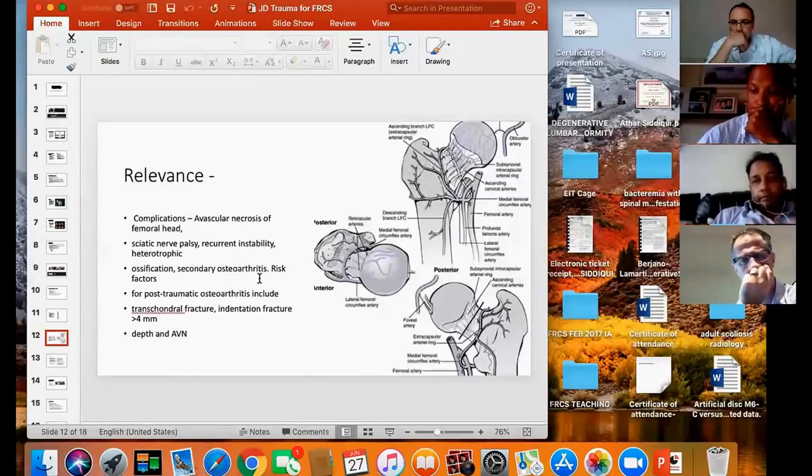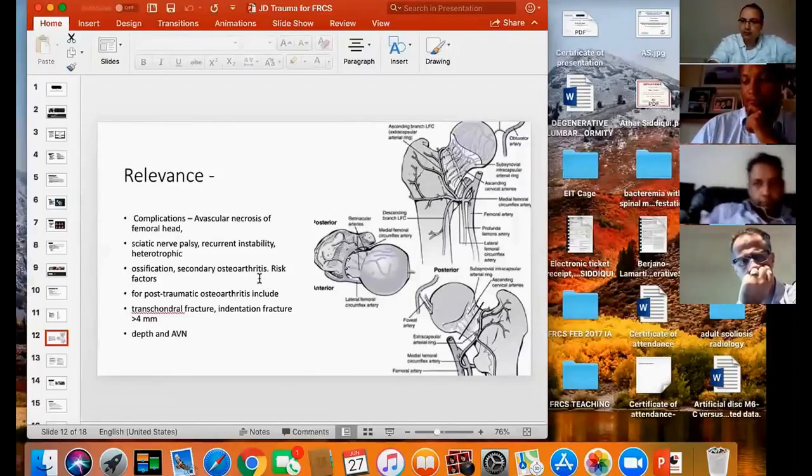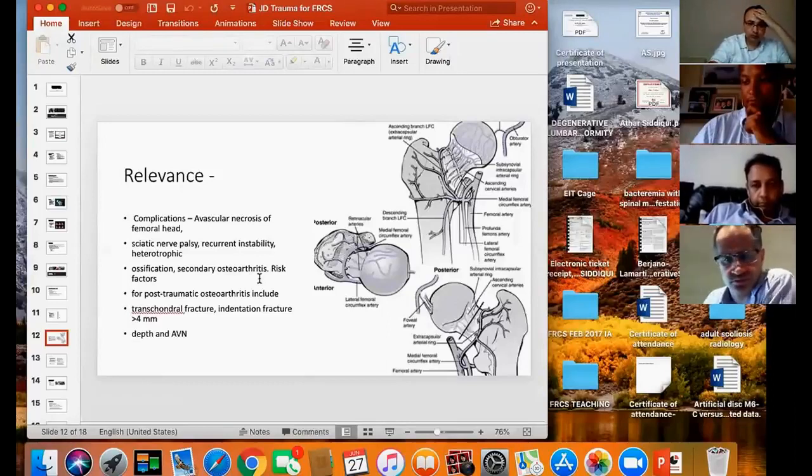That's what I will say, and talk about transferring the patient across to the acetabular unit for further management in terms of possible open reduction internal fixation of that small segment depending on the stability, and talk about imaging post-reduction. It is very important to have a CT scan post-reduction.